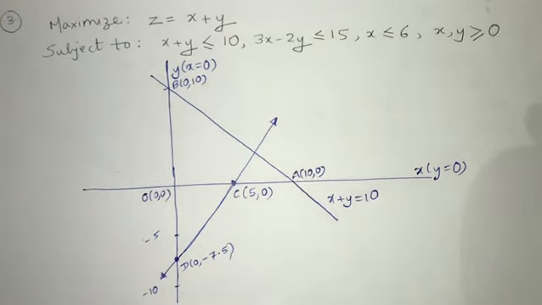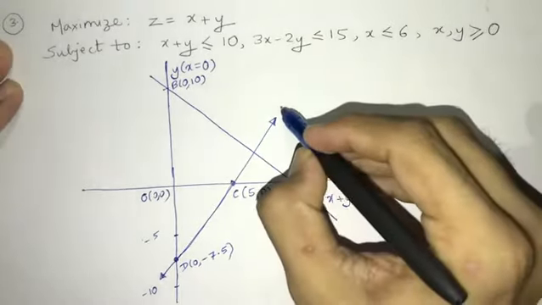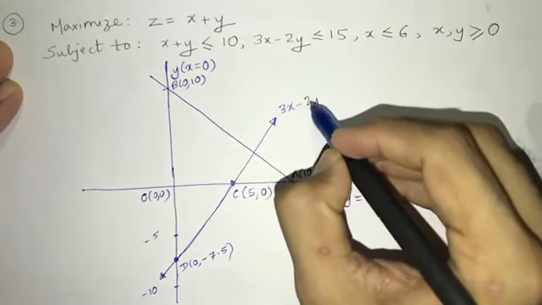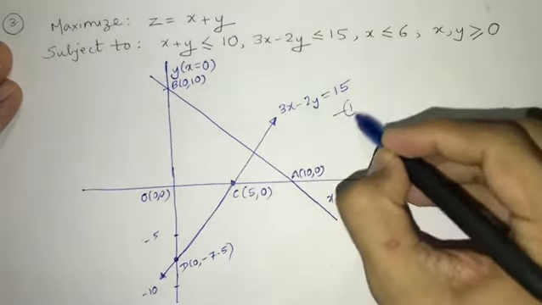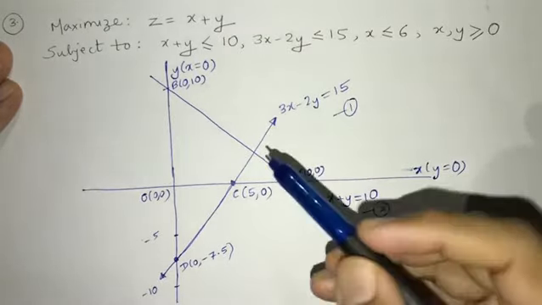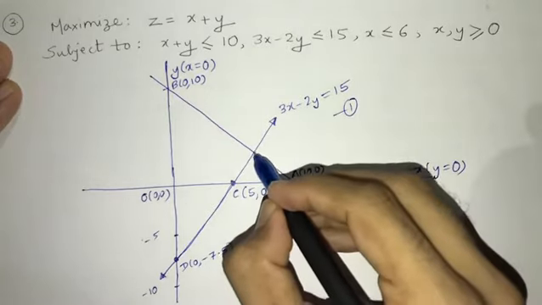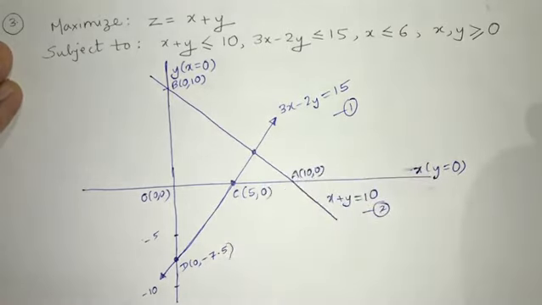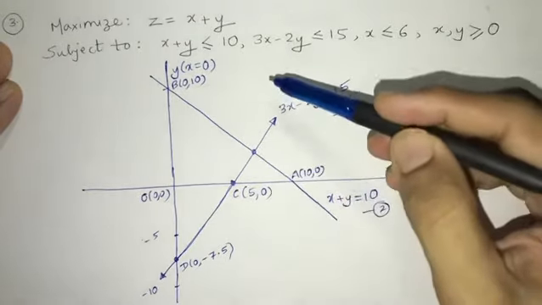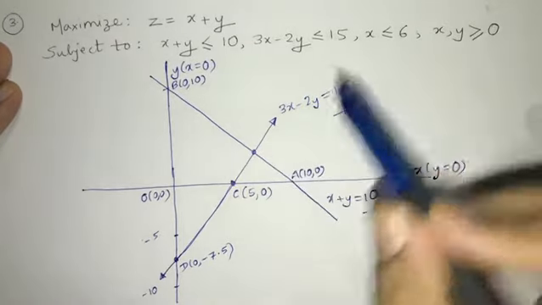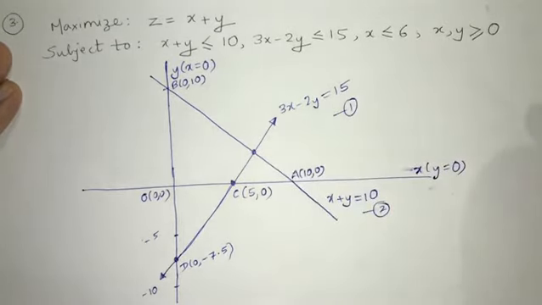Before plotting x less than or equal to 6, I would like to find the solution of 3x minus 2y equal to 15 and x plus y equal to 10, because only then will I be able to tell where x equal to 6 will pass. We will not be able to find out until we find this point of intersection.